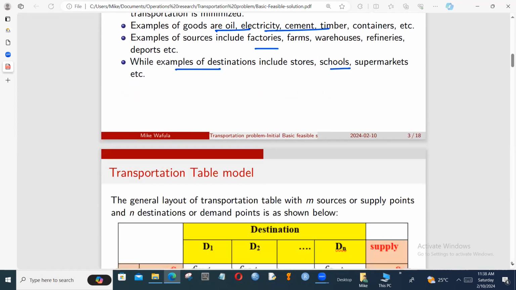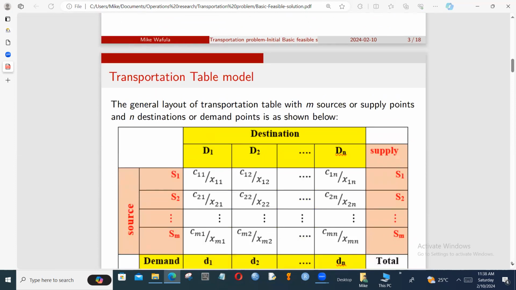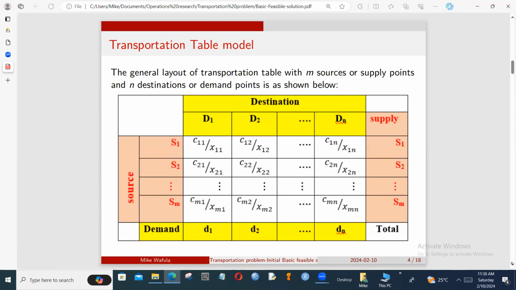And so a typical layout of a transportation table model will always appear like what you can see on my screen. Let's say I have m sources. This is source 1, source 2, all the way to source m. Those are m sources. And then I'll have destinations at this end, which I may denote as D1, D2, Dn.